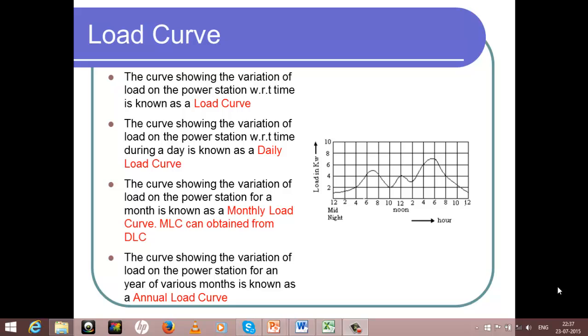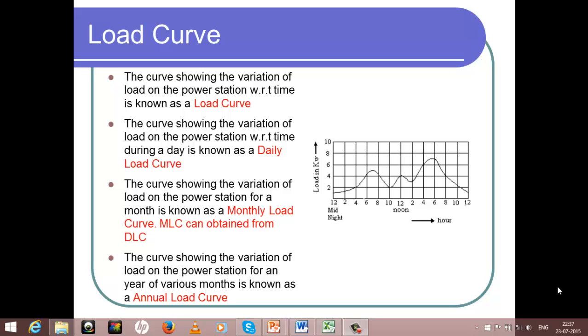Sometimes they will take the average of 24 hours, that means a complete day. So if we take the average of complete data and plot in the same way for every 30 days, then we will get a monthly load curve. In the same fashion, if we calculate the average load of a month and plot for the complete 12 months, then we will get the annual load curve.